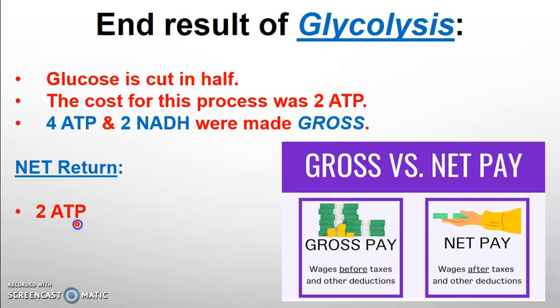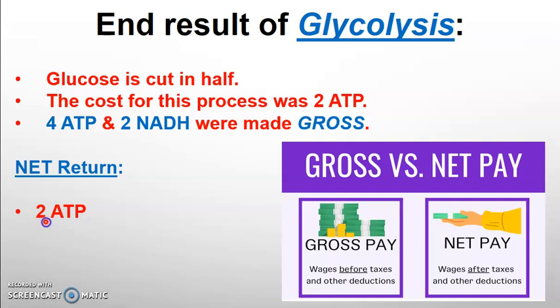Now, why is that? Well, you make 4 ATP gross, but don't forget about those 2 ATPs that you spent to get the whole ball rolling. Those are your taxes. So you got to subtract these 2 from the 4 that you made. So really what you're walking away with at this moment is only 2 ATP, which seems kind of useless, right?